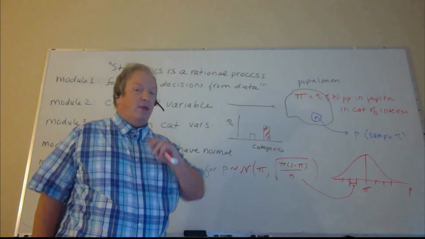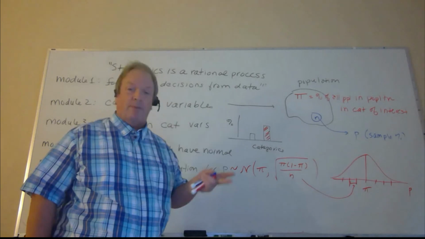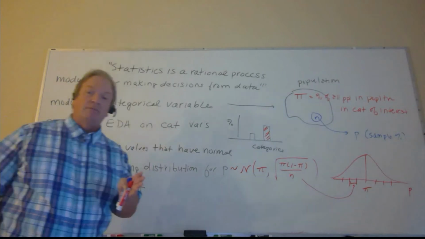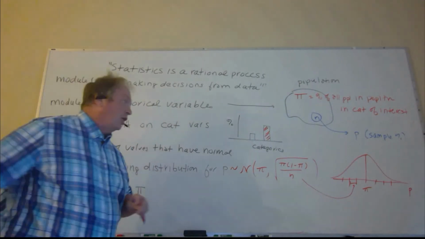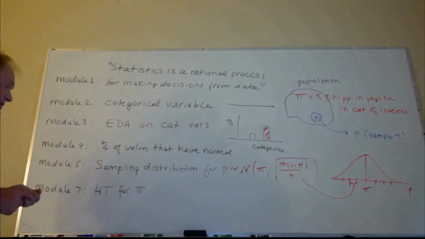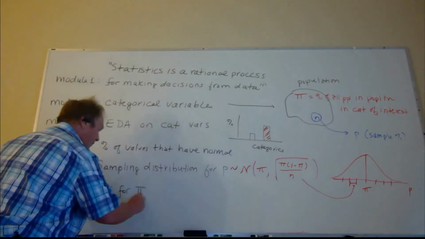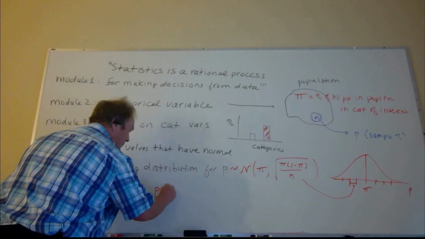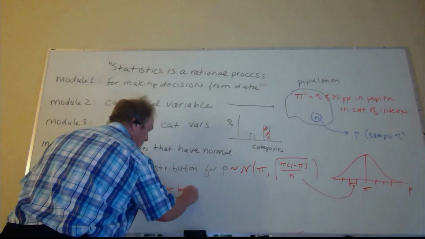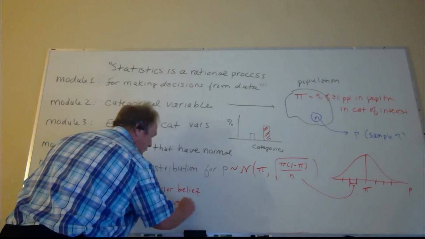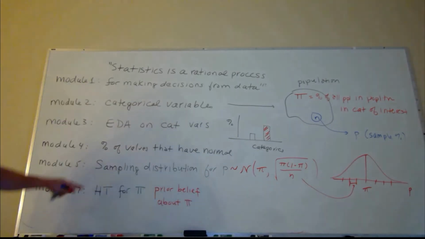We don't know it exactly, but we know it close enough. So hypothesis tests are based on the idea that we have a prior belief about the value of the population parameter, and we're testing this.